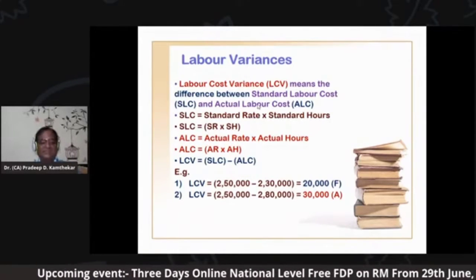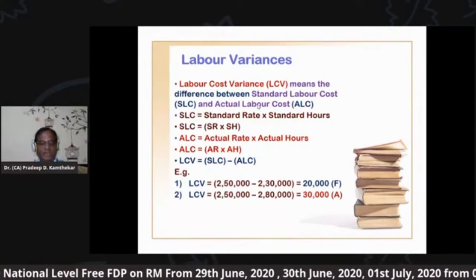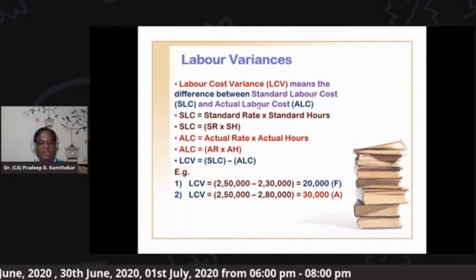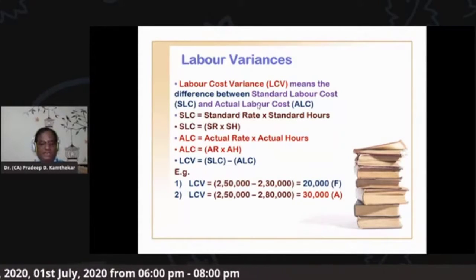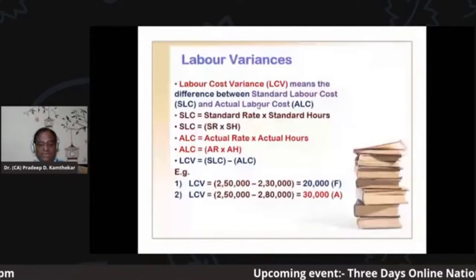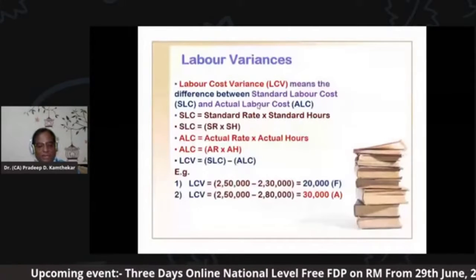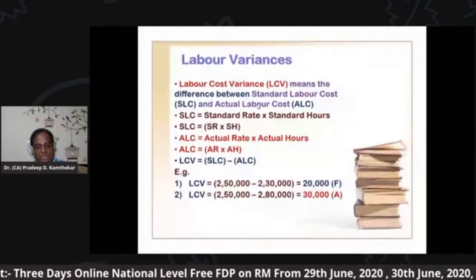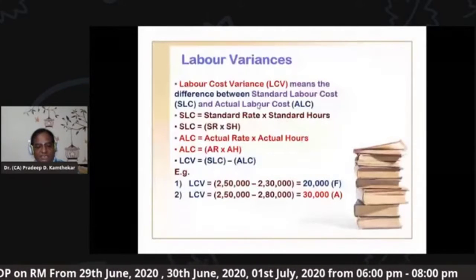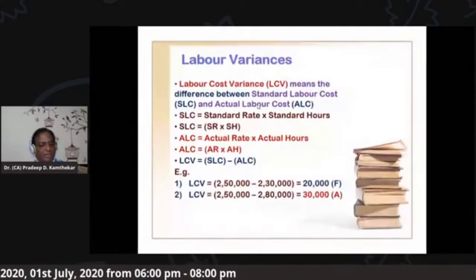In these two examples which I have given you below, you can see in the first case, 2,50,000 business expected to incur in the production, that was standard labor cost. But the actual amount paid to the workers in terms of salary and wages and other benefits given to them is 2,30,000. That is actual labor cost. So when standard labor cost is more than the actual labor cost, the difference is positive, and positive means favorable. So in the first case, the labor cost variance is 20,000 favorable.